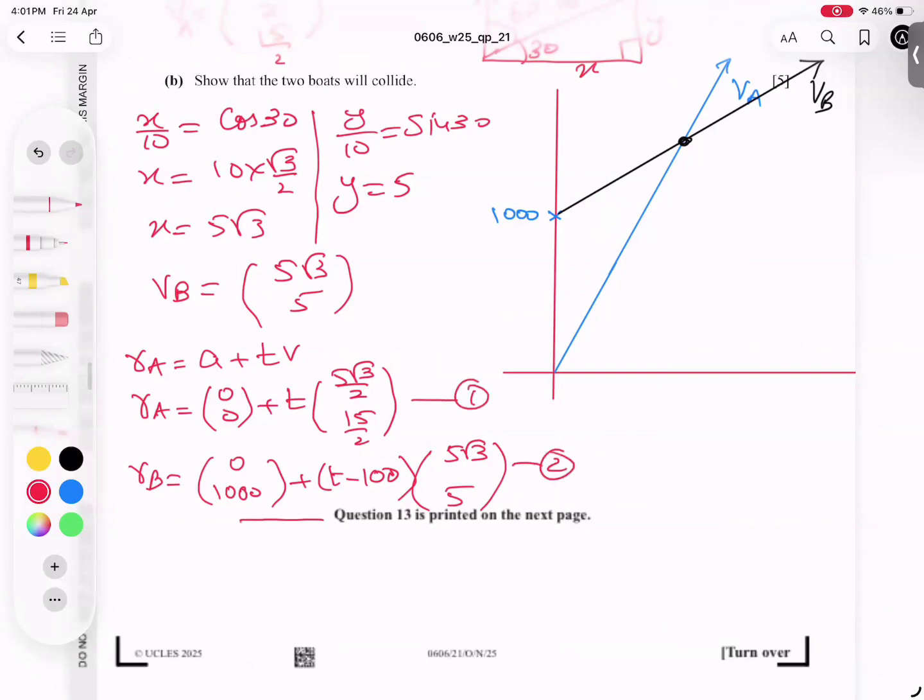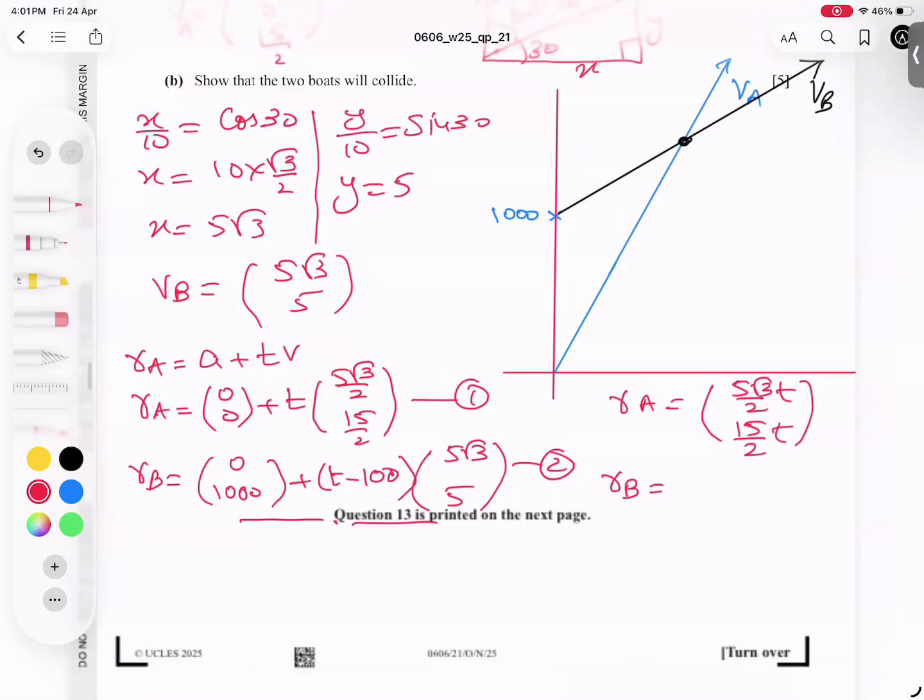When I compare them, the X component coming from here is equal to the X component from here. If you're not understanding, I'm writing RA: 5 root 3 by 2 T and 15 by 2 T. This is RA.